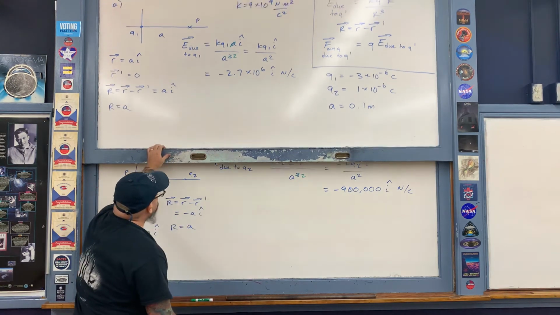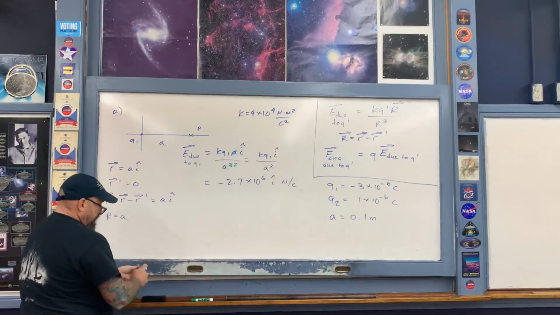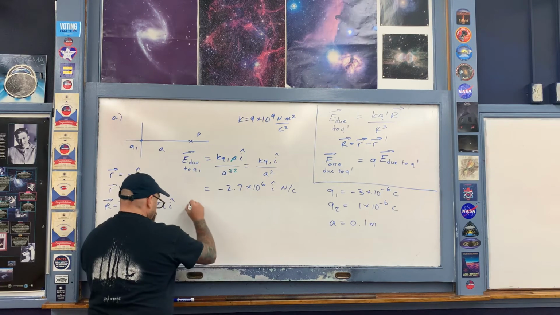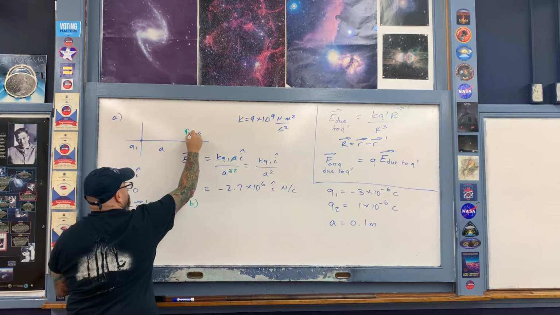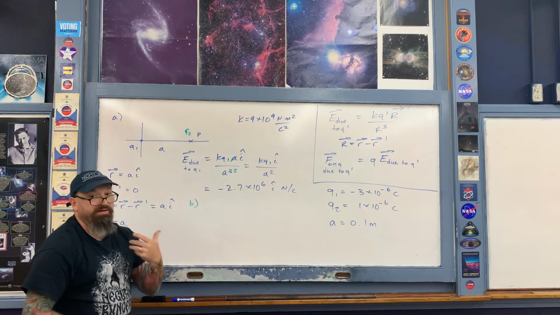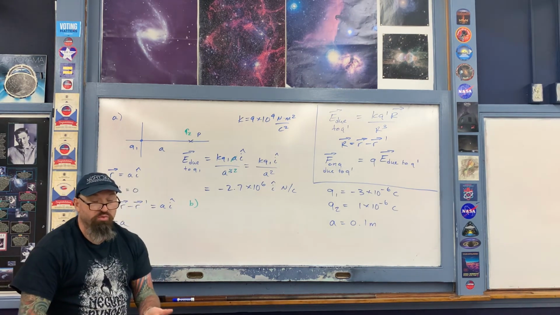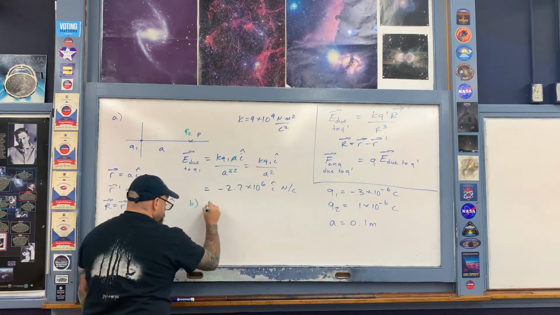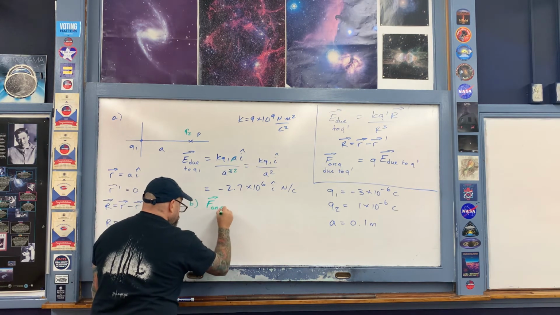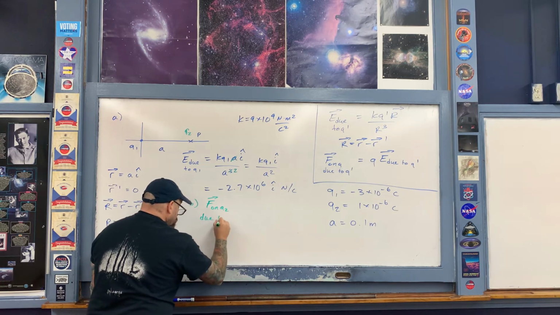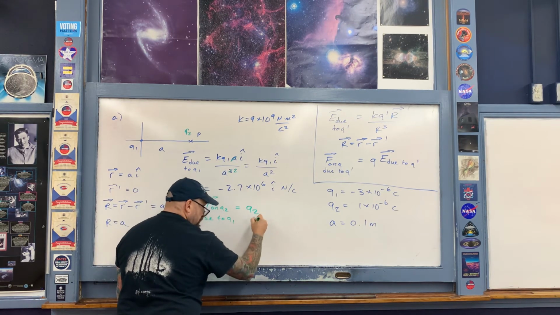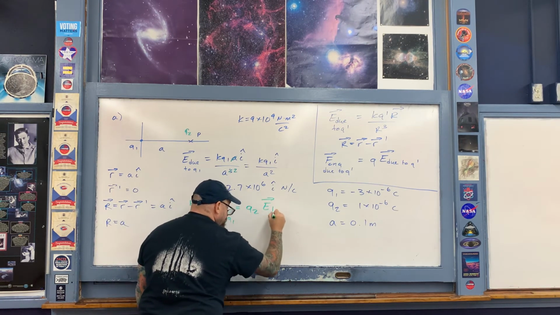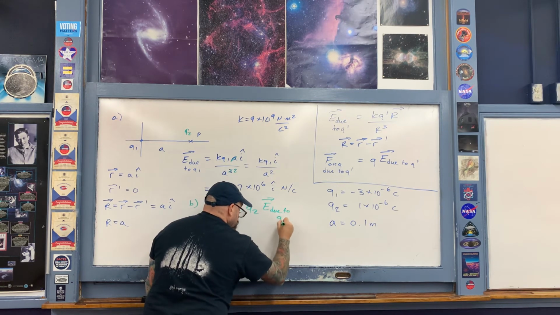So now for part B of the problem, let's jump back up to the top board. Now we're going to put Q2 right there at that location, and then find the force exerted upon it due to Q1. So the force on Q2 due to Q1 is equal to Q2 multiplied by the electric field due to Q1.